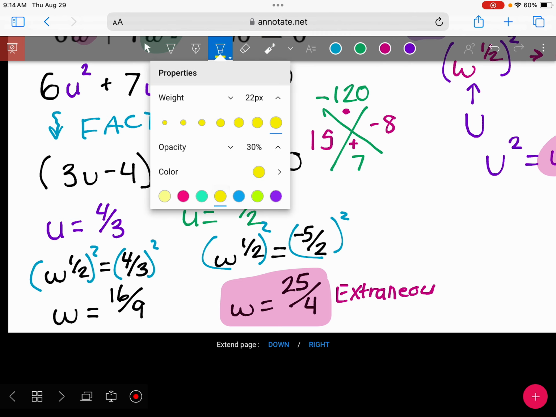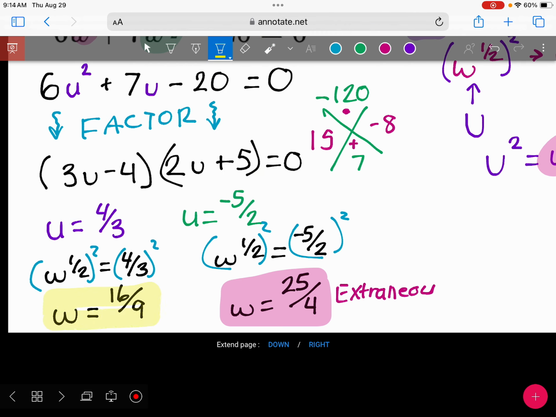Yes? Let's say you had a question like that, and we don't simplify it all the way down to w equals, and we don't have to. If we get to the w equals part and we don't get a chance to check, we're fine. I still want us to check, but it would not be a no points situation. If we forget to switch back to the w and we leave it at the u, then we got a problem.